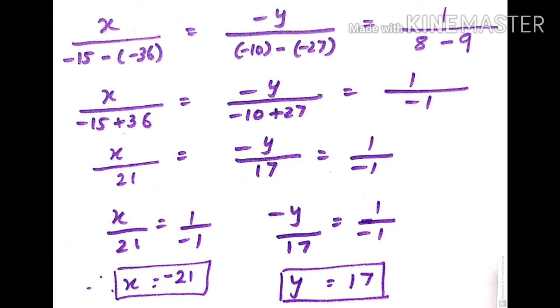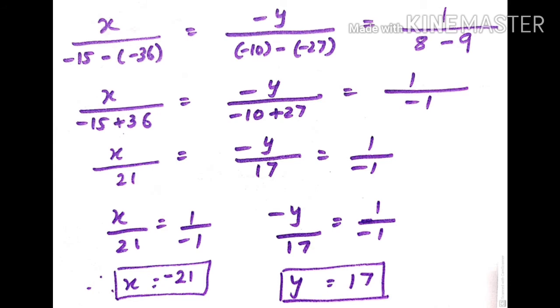Then minus y is there, so 2 -5s are -10, then minus sign in between, then 9 3s are 27, but -9 is there, so -27 is equal to, then 1 upon 4 2s are 8, minus sign 3 3s are 9. Okay, so how we solve it now?